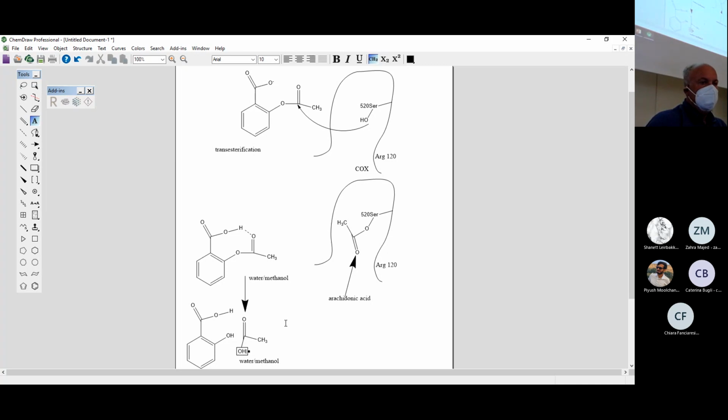This is the reason: the instability in solution of acetylsalicylic acid by intramolecular catalysis, because the acidic group is in the right position, the right distance to give this effect.